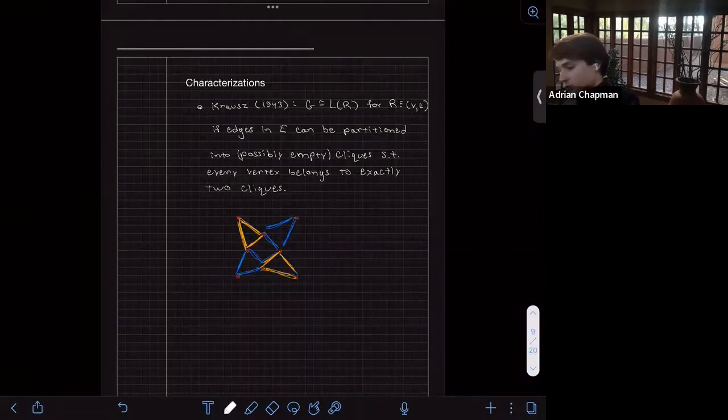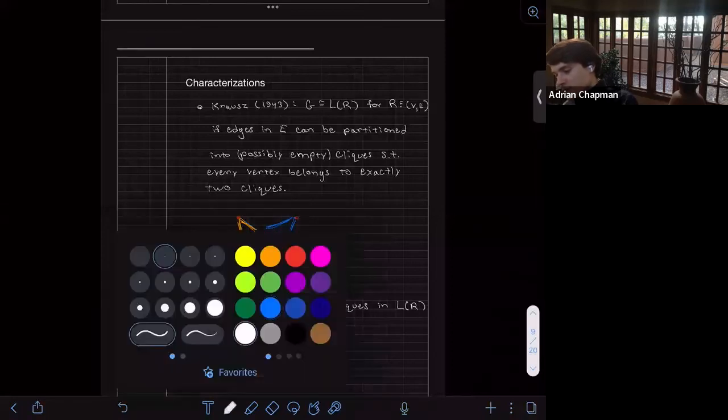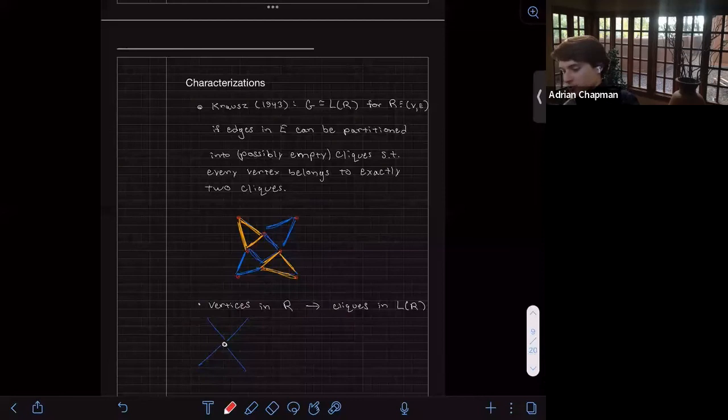To see that, we can see that the vertices in R are mapped to cliques under the line graph mapping. Say I have some edges incident at a vertex. Here's my vertex in R, and the edges shown in blue are incident to that vertex in the center.